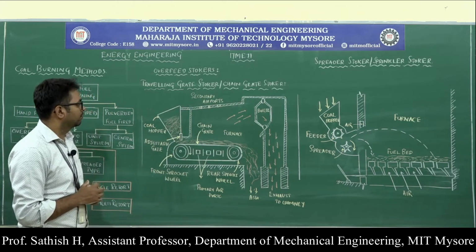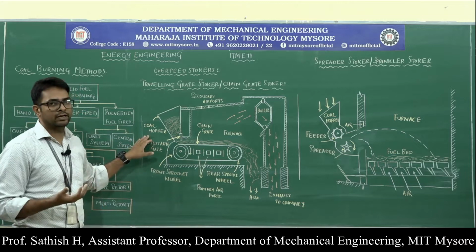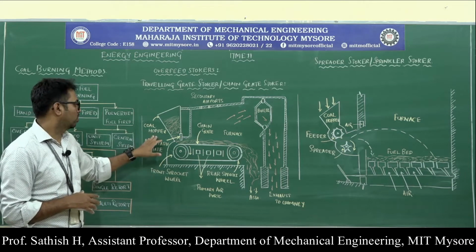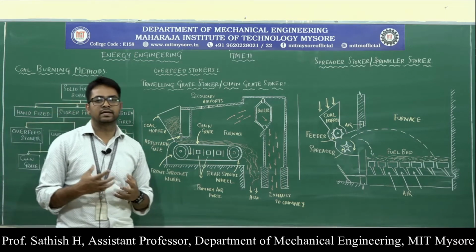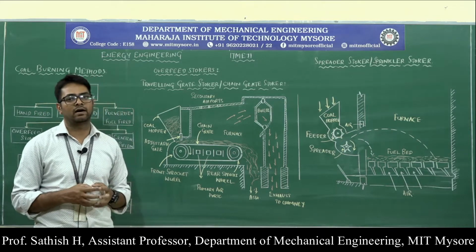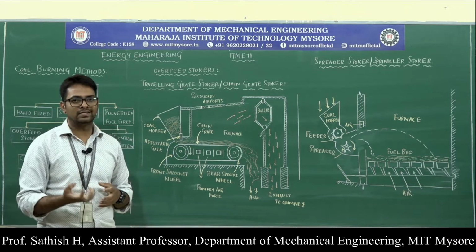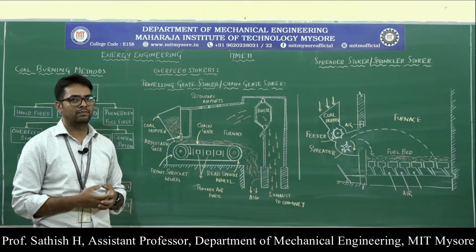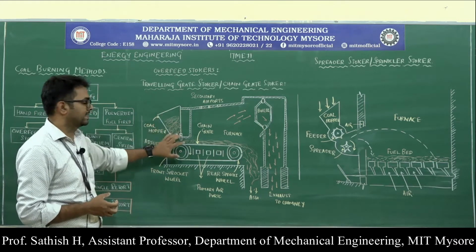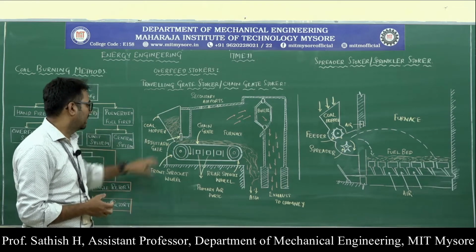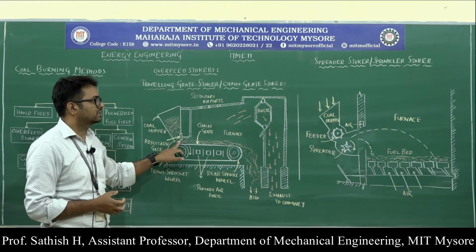Coming to the working principle, the coal hopper is a gravity type of hopper, where the coal moves inside the hopper with the help of gravity. The coal is taken inside this hopper here, and then we have this adjustable gate.